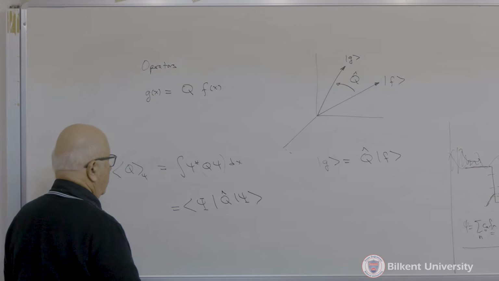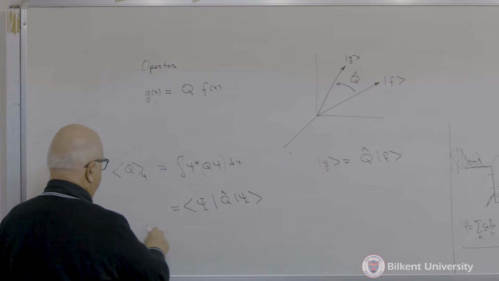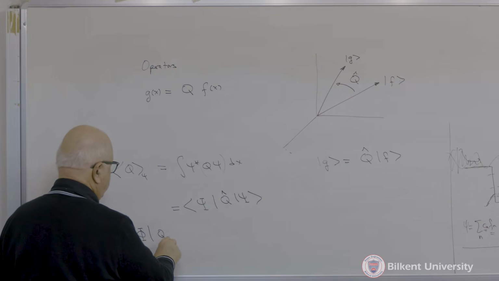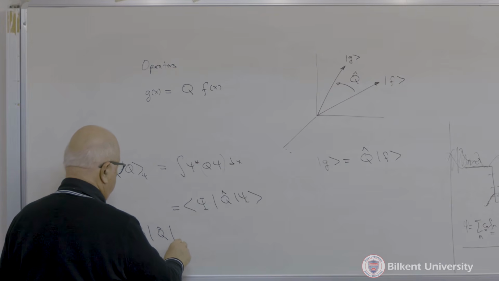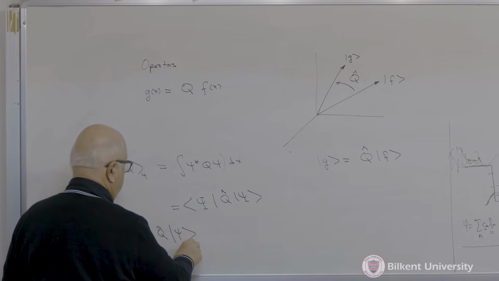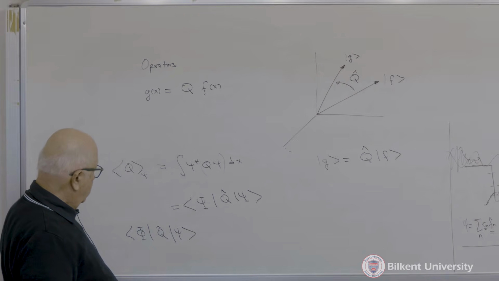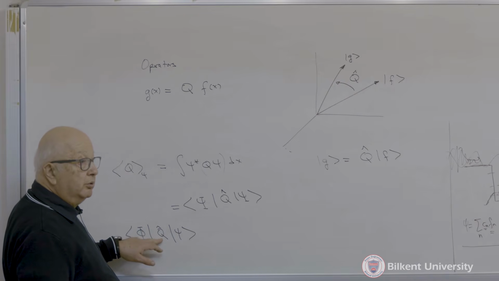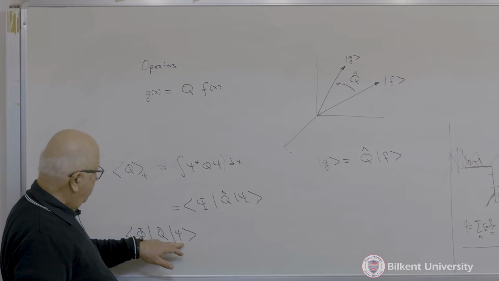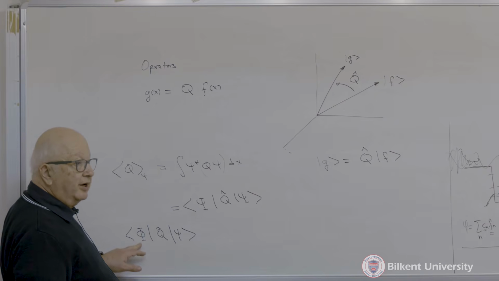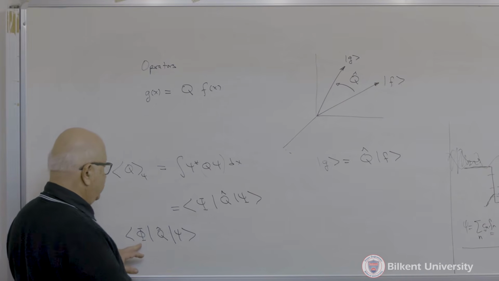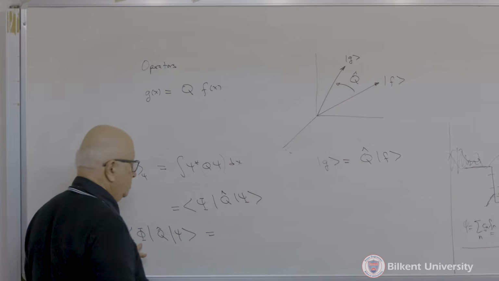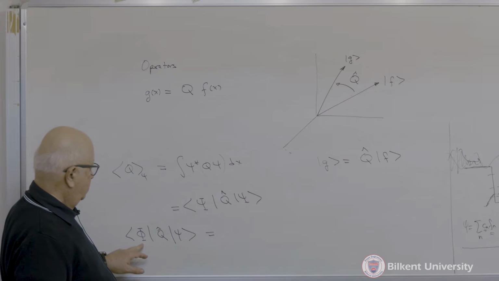If I want to write down, for example, the expression for the Hermitian adjoint, how do I do it? I have this operator Q acting on psi, and phi on the left-hand side is going to be equal to what?